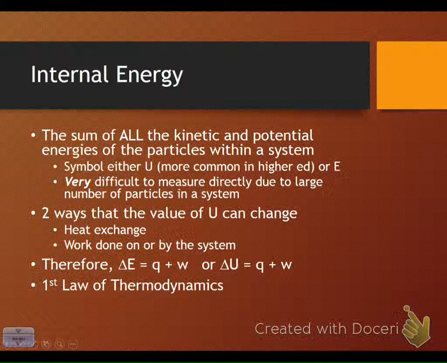So we have a little equation here to represent the internal energy of a system. The change in internal energy, because remember I said it's very difficult to measure U, but changes in U are much easier, is simply equal to the work done and the heat exchanged on that system. This expression is what we know as the first law of thermodynamics.